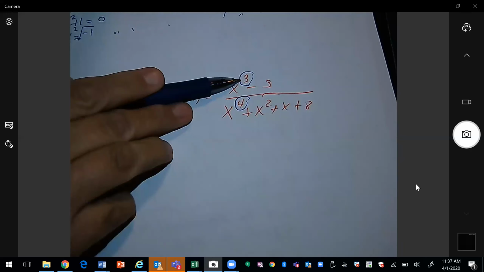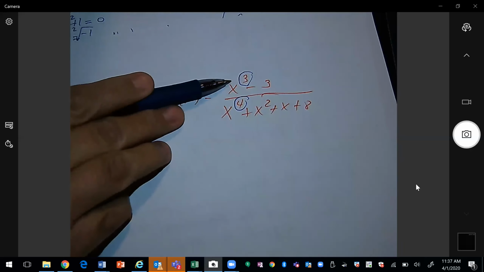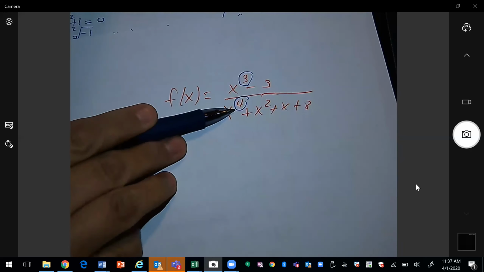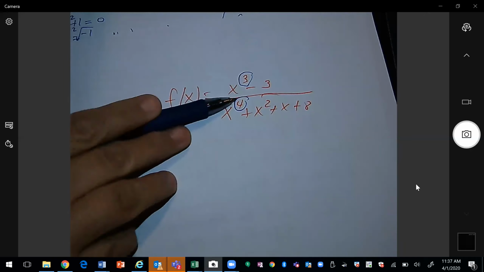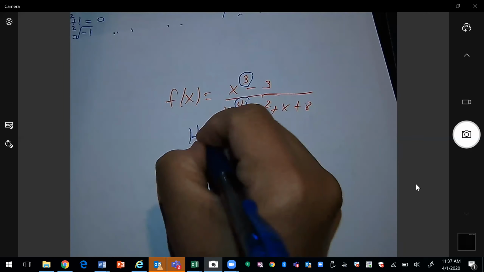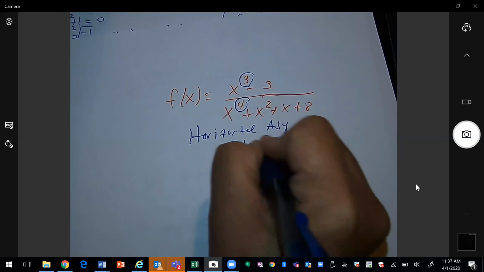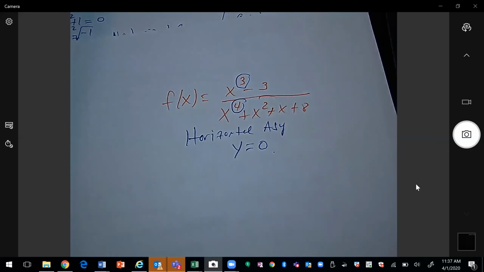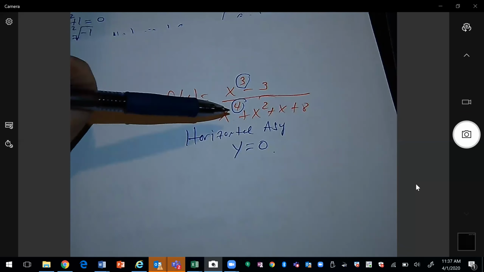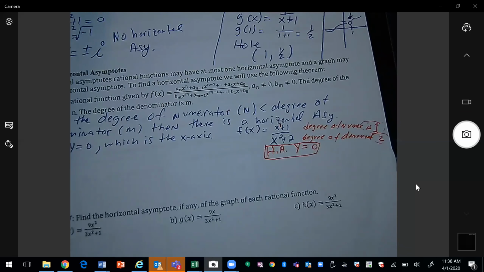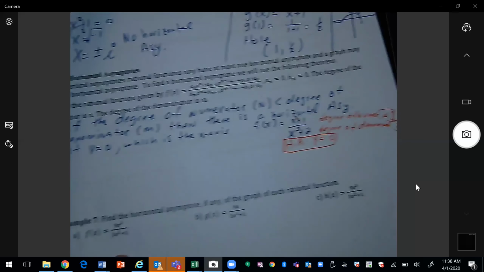Well, the numerator is smaller than the denominator, so we say that there's a horizontal asymptote at y equals 0. It's always going to be y equals 0 if this is smaller than this one. And we'll do some examples right now.